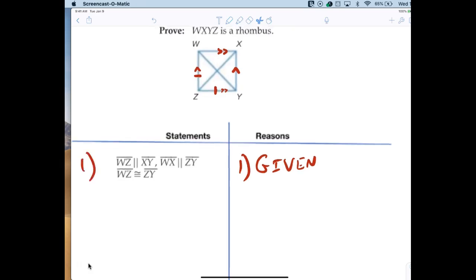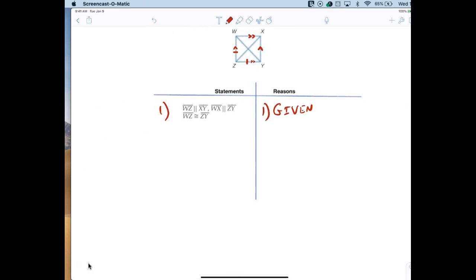So step number 2, we're going to say that WXYZ is a parallelogram. Now, why is that, guys? You don't have to write definition. I'd much rather you just say opposite sides are parallel. And that's a symbol for parallel. So it is a parallelogram because opposite sides are parallel. Everybody good with that? Now, Dalton, tell me.